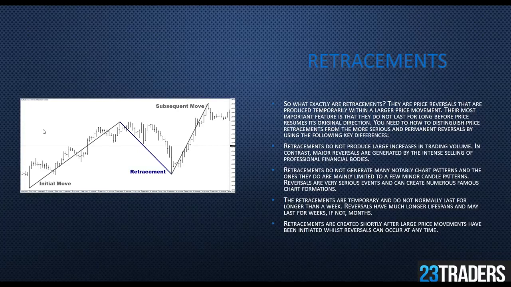So like you see here in this chart, we had price moving up at a steady uptrend. We had the swing low, we had a reversal, we had a retracement, and all it means is it was retracing where it had been. Okay. It hit a level here and then reversed and went back into its previous uptrend.